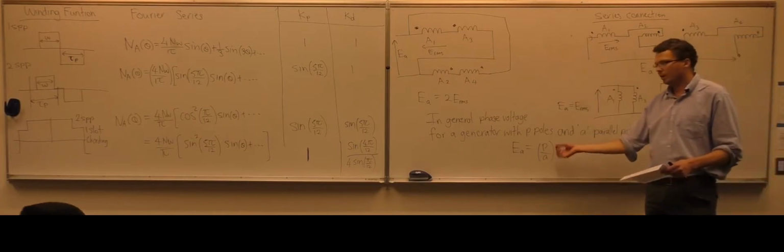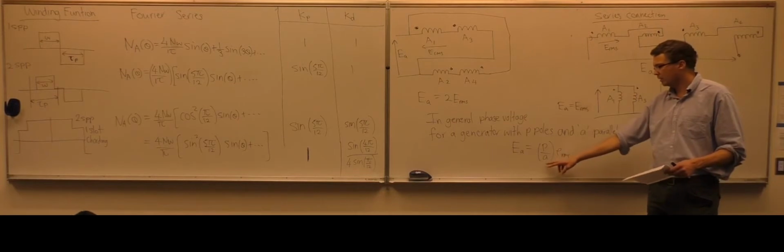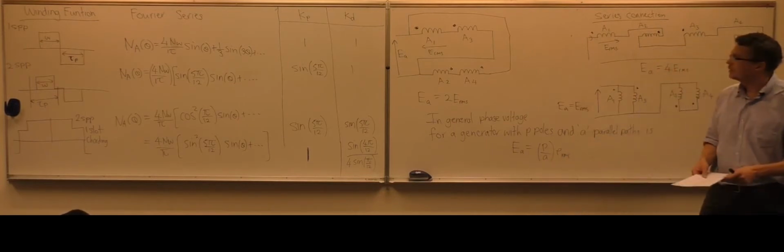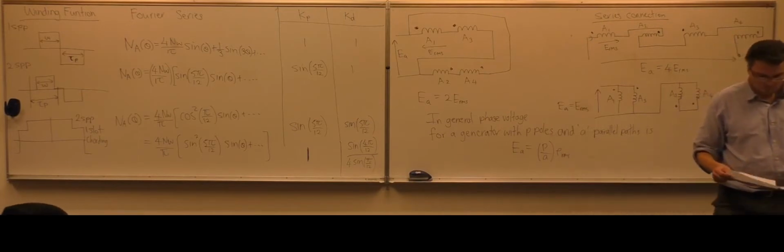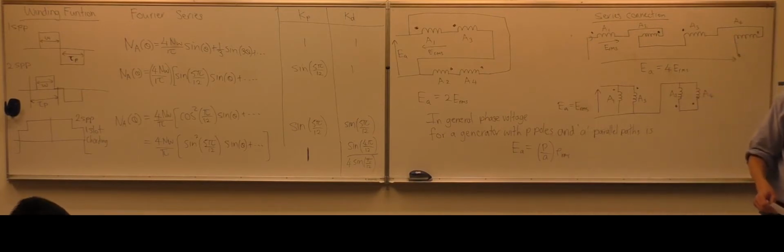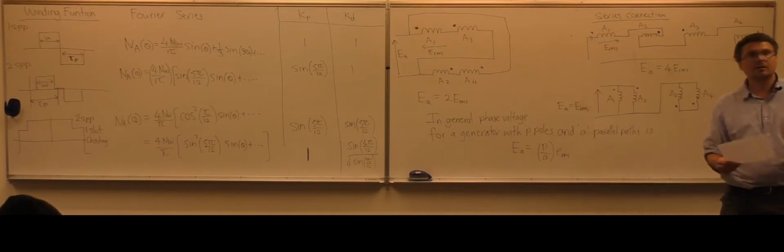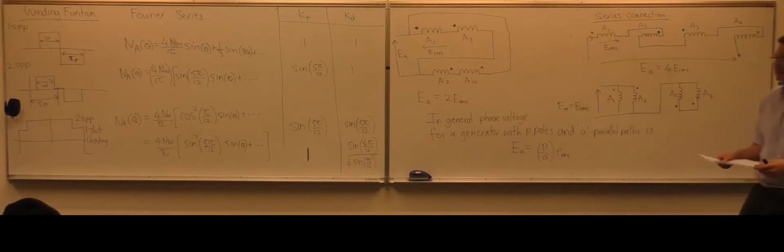Now if we have the windings in parallel, we're going to divide it by the number of parallel paths, and we can put the poles in there. So okay, now there's two other factors to consider.